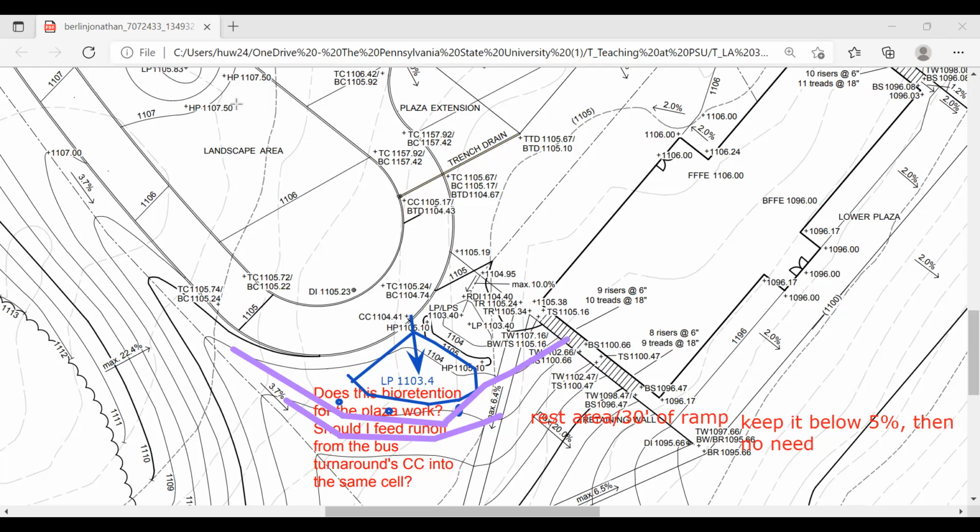And you have another 4. This is another 4. Okay, this is another 4. That's 4, and you have some 5 in between. So here in between, it only needs to be 1104.5.